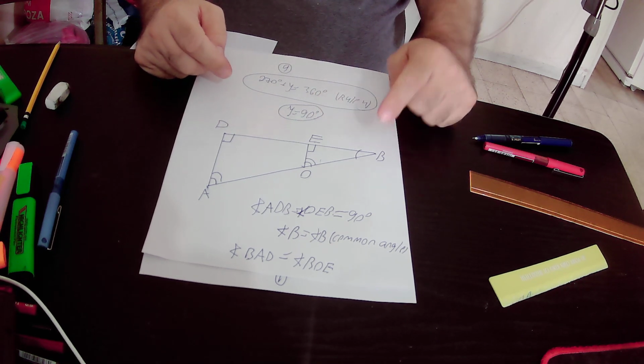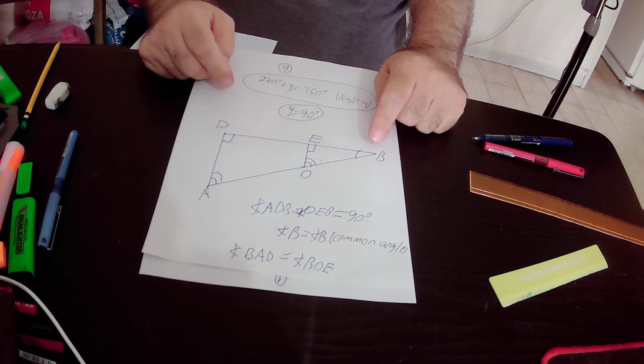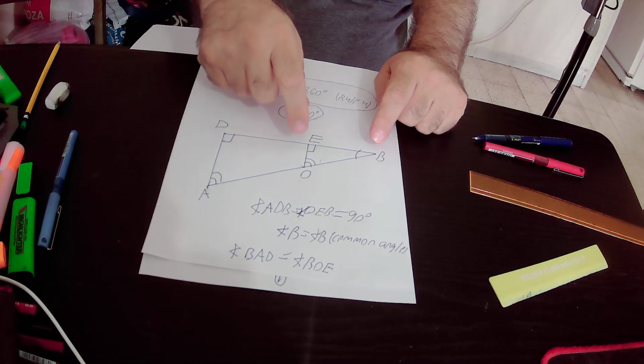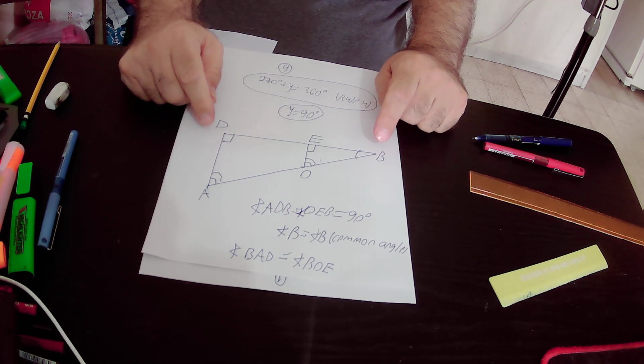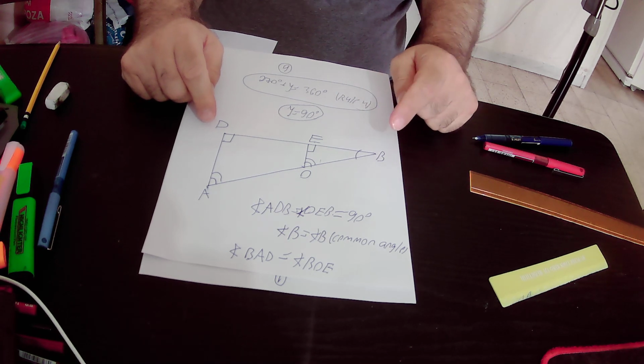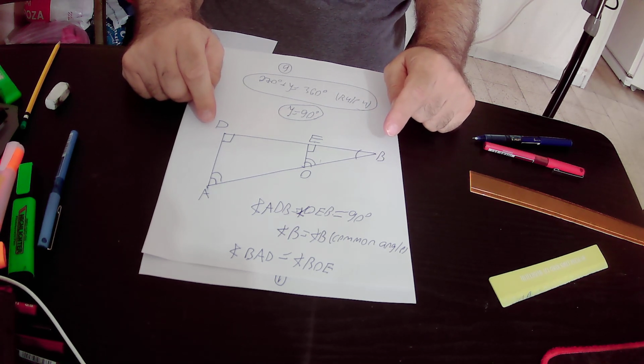Also we have angle B that is a common angle. It belongs both to the small triangle OEB and to the big triangle ADB. So it's a common angle. We can write down that angle B equals angle B.